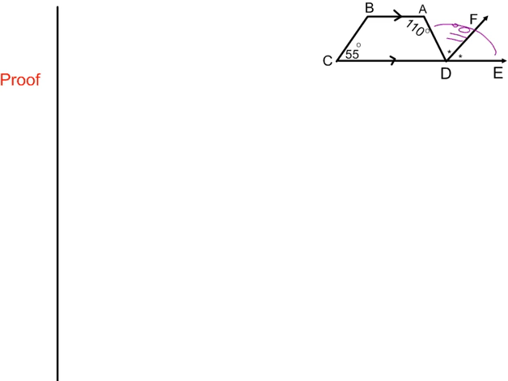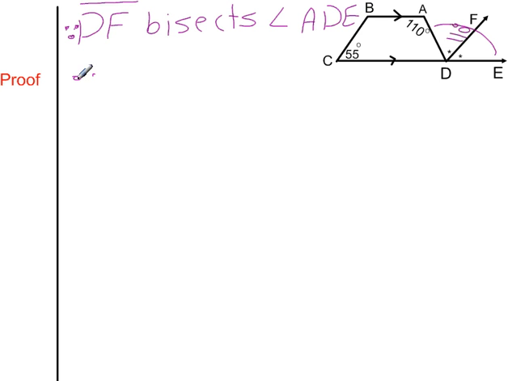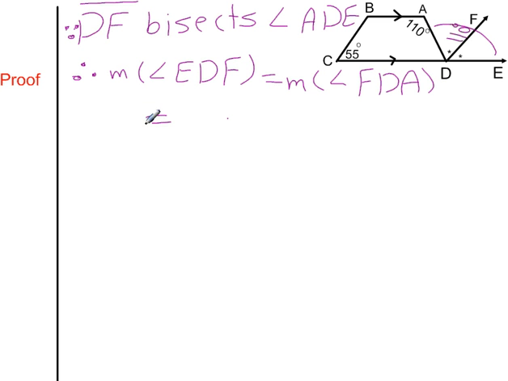We have another given. Don't forget, since DF ray bisects the angle ADE, then the measure of the angle EDF equals the measure of the angle FDA, and each one equals 55 degrees.